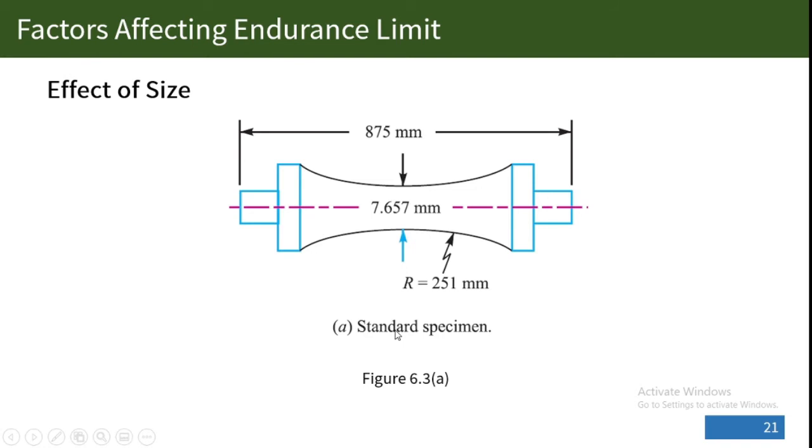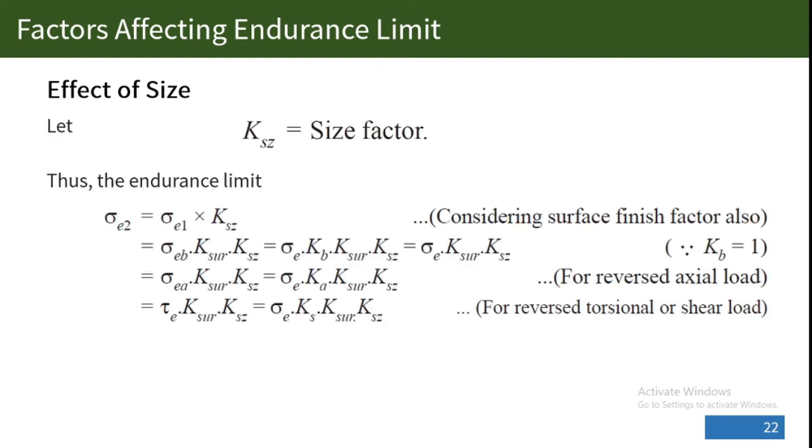Thus, we will let K sub SZ be the size factor. Then, the endurance limit for a machine member subjected to different types of loading is defined by the following expressions. These are now the endurance limit of a material when we consider the size factor and the previous factors. In these expressions, all the factors are considered, and the factors corresponding to the type of loading are used in computing the endurance limit.